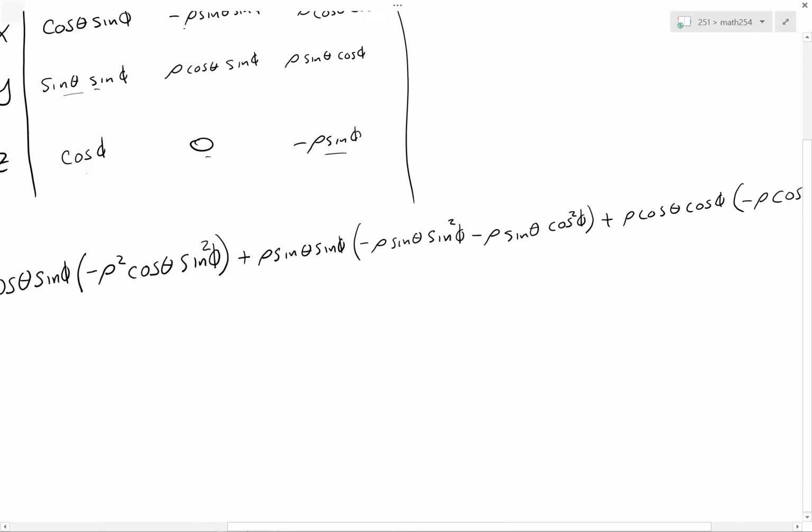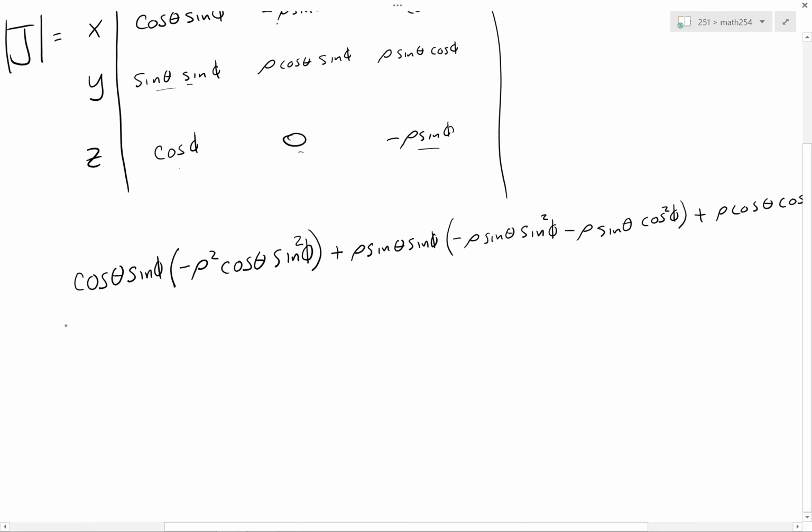What a mess. So let's see what happens here. If we distribute this, it's going to be minus rho squared. We're going to get a cosine squared theta and a sine cubed of phi.